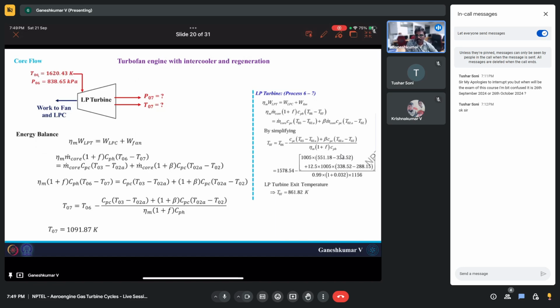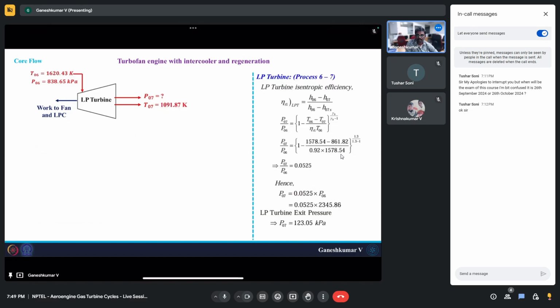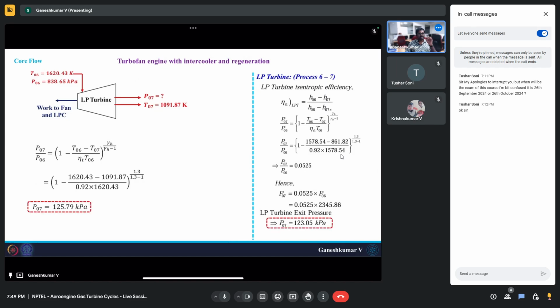Now we need to find the pressure at the exit of the low pressure turbine, which will be around 125.79 kilopascal.